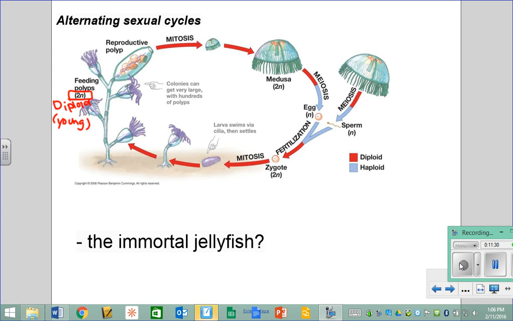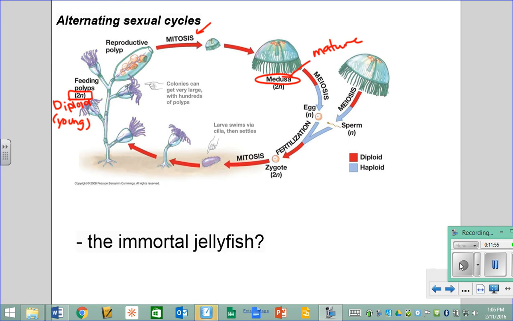This structure then is diploid. It has 2N chromosomes. So it can reproduce through mitosis, it can grow, it can develop, and become a medusa, which we would say is sort of the mature form of a jellyfish. So we're using asexual reproduction here. We're just making extra copies of the cells that we already have.